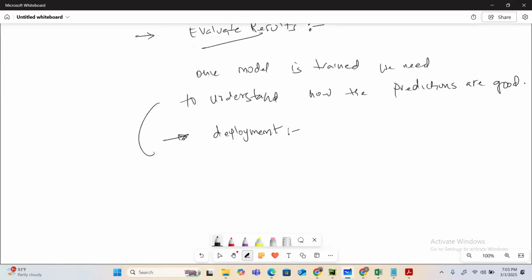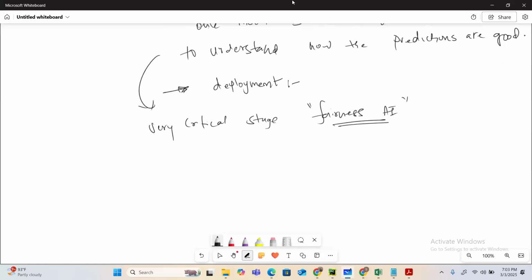In this evaluation, we have one more very critical stage. Most institutes now are teaching fairness in AI. How fair is your model?